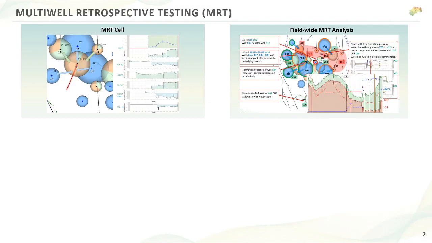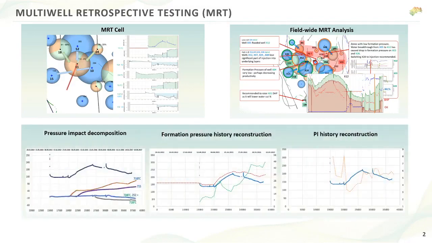I will try not to talk too much, but the idea is to use the long-term pressure data as if you had, I don't know, a PDG or ESP gauge, and now you have a several years long history of the bottom hole pressure and of course the rate of your well.